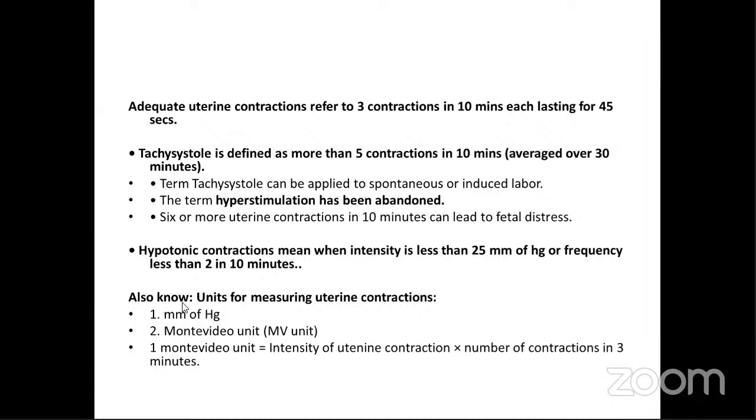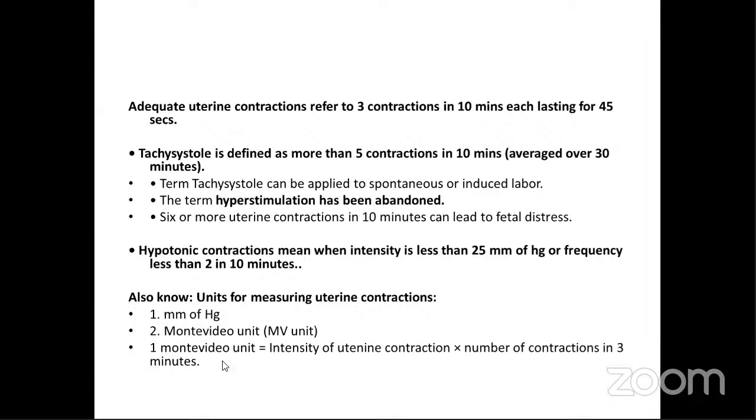What else you have to understand is that the uterine contractions are measured in Montevideo units. The pressure inside the uterine cavity, during the contractions or even without the contractions, is measured in millimeters of mercury, whereas the uterine contractions as a whole are measured in Montevideo units.